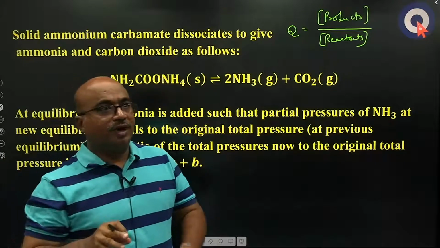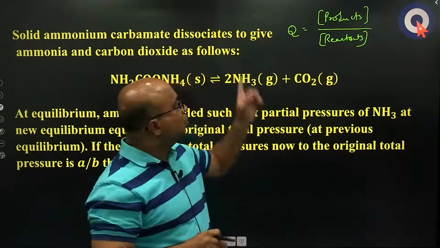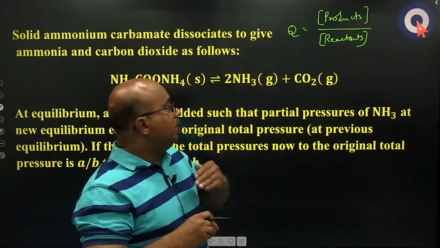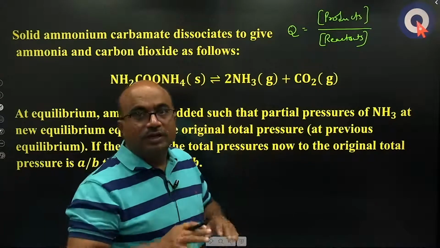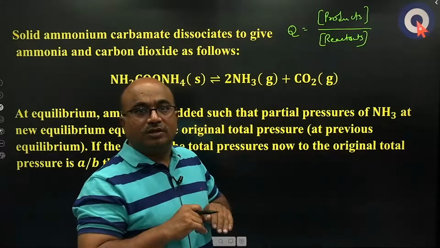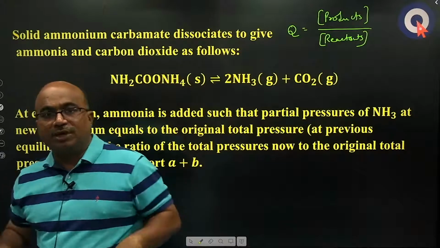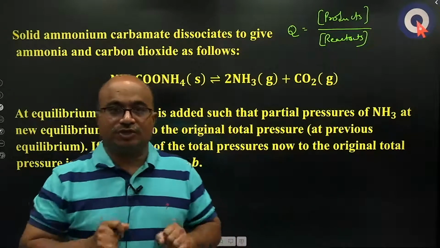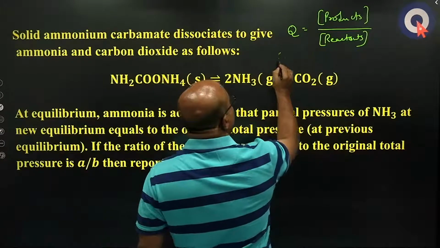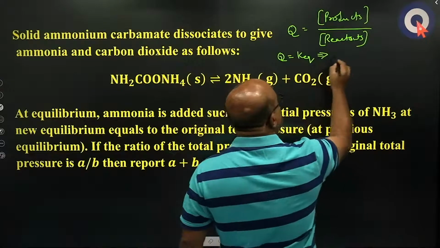When we consider equilibrium, your reaction quotient Q becomes equal to K. But when it is more or less, the reaction always tries to attain the equilibrium situation, because all reversible reactions after a certain period reach equilibrium. So when Q is equal to K, the reaction always remains at equilibrium.